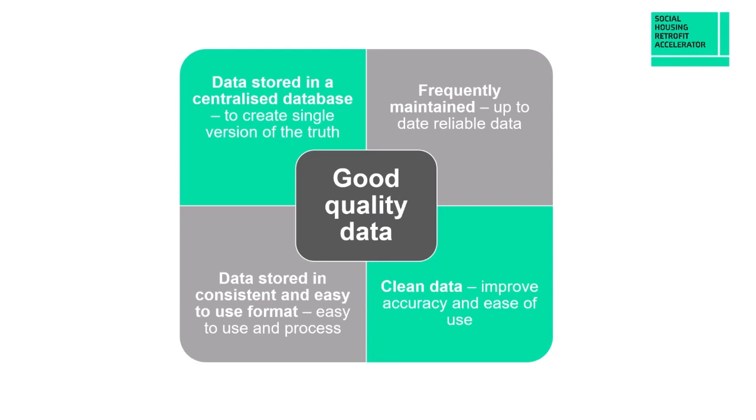Good quality stock data is essential for the success of your project. And many social landlords use external companies to help them lift the data to the necessary quality. The weakness of your stock data is often a surprise and a shock. So start early to give yourself time to sort it out.